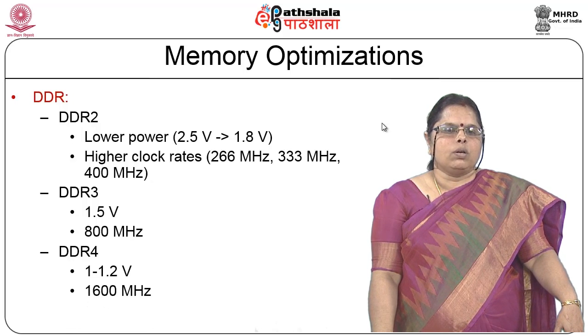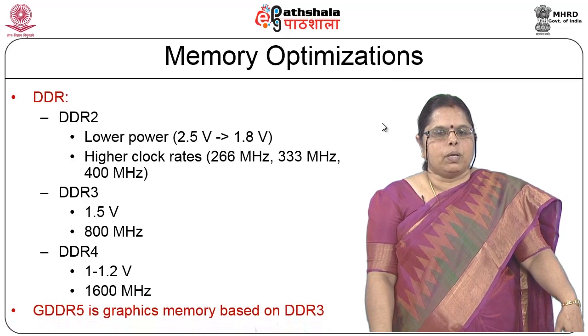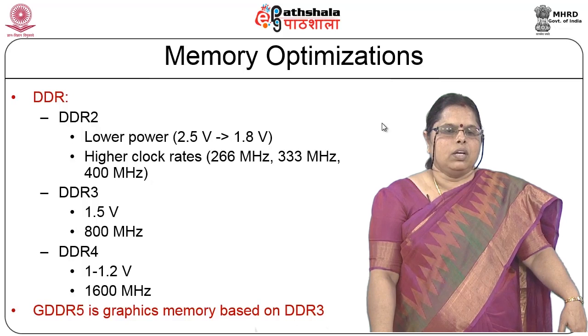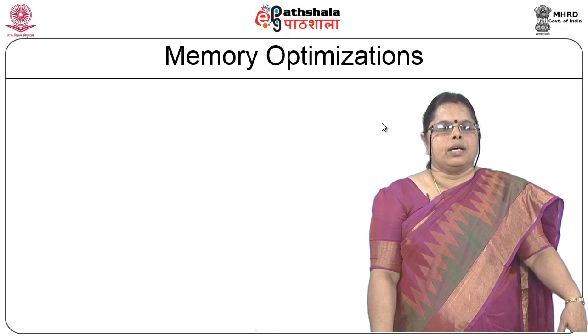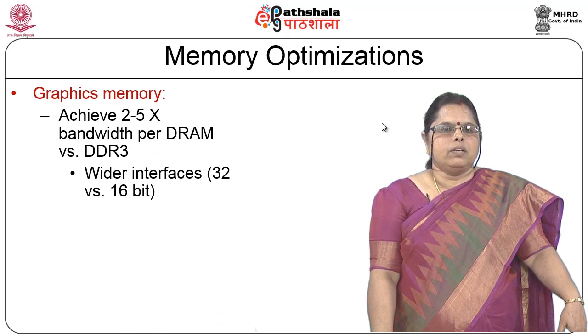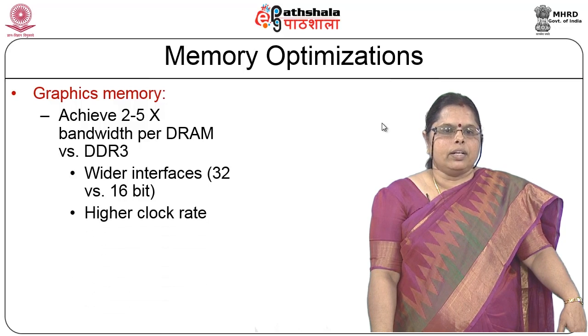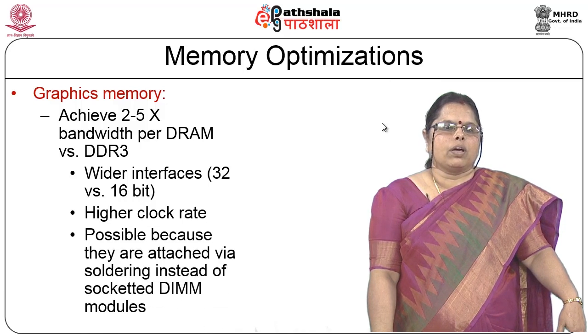DDR4 is just 1 to 1.2 volts and it can operate at 1600 megahertz. And of course, you have a graphics memory based on DDR3, which is GDDR5. It achieves about 2.5 times the bandwidth per DRAM versus DDR3. It has wider interfaces and a higher clock rate, possibly because the chips are attached via soldering instead of socketed DIMM modules.